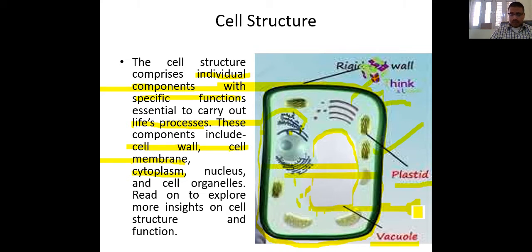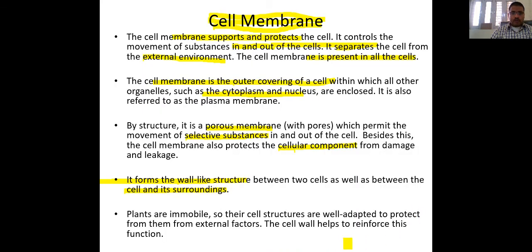Plants are immobile, so their cell structures are well adapted to protect them from external factors. And the cell wall helps to reinforce these functions. This also helps to reinforce the function, so that the organelles do their work properly.